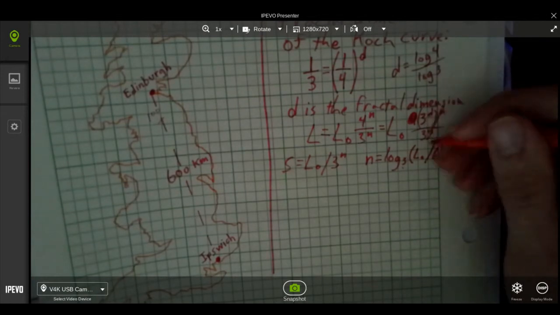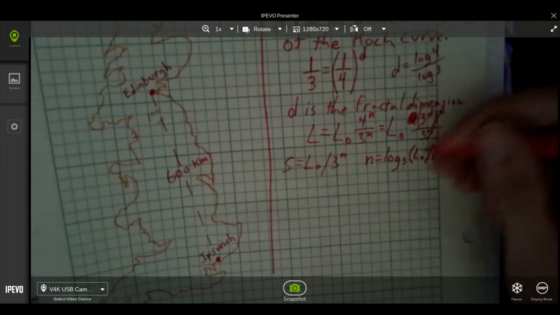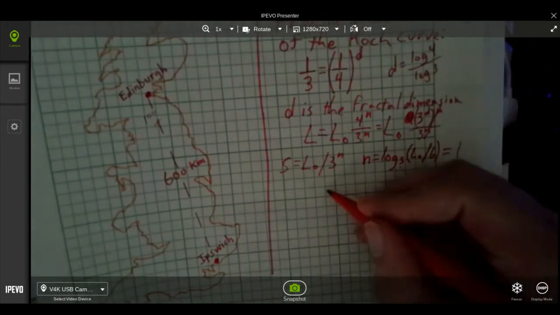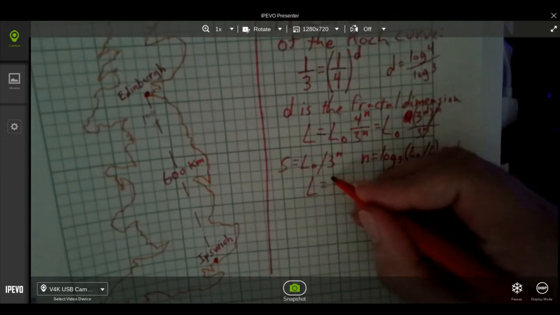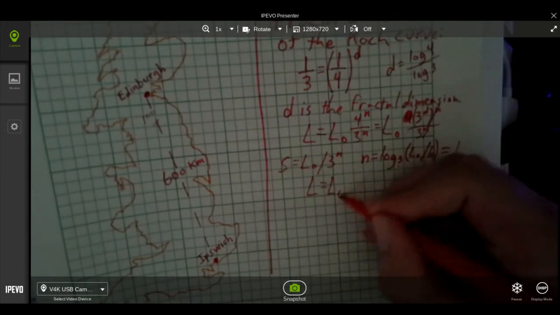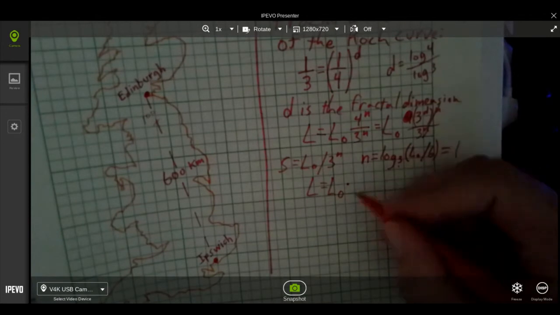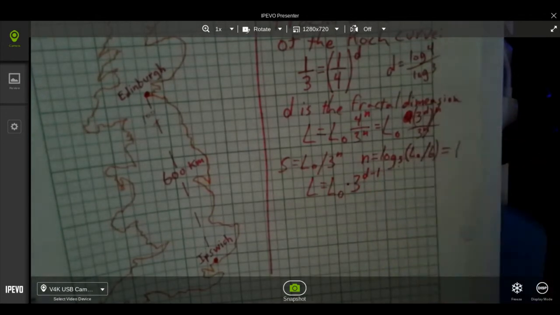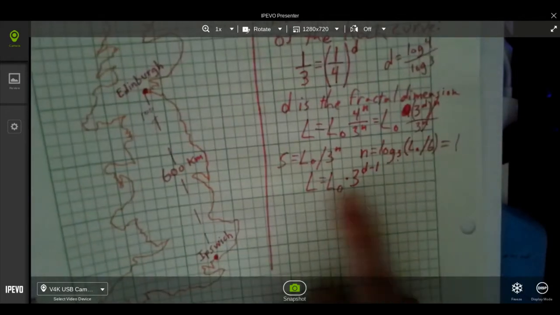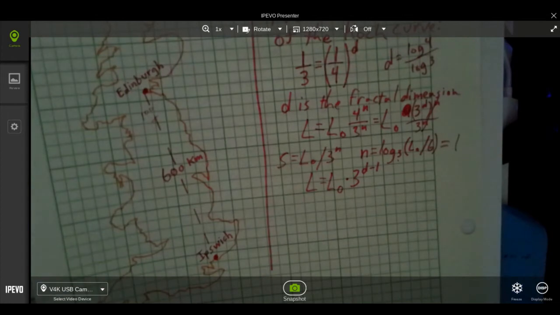So I can combine all this stuff and just say 3 to the d minus 1. So L equals L naught times 3 to the d minus 1. So I can use this formula, and I can figure out what the new length is.